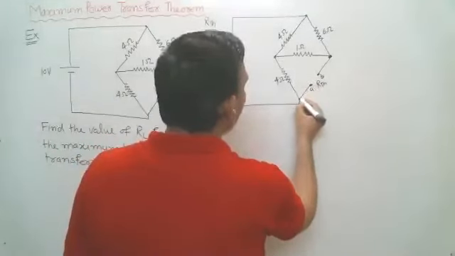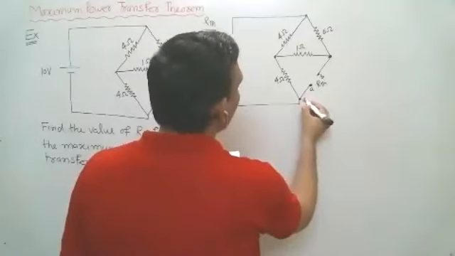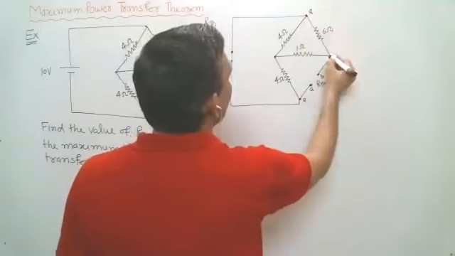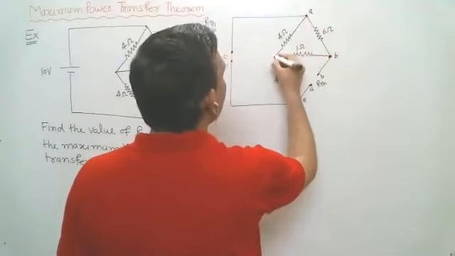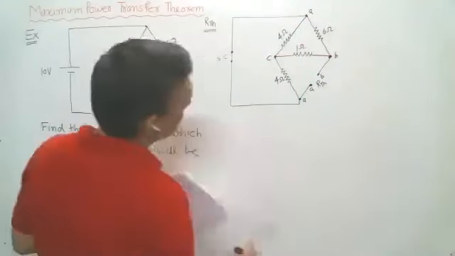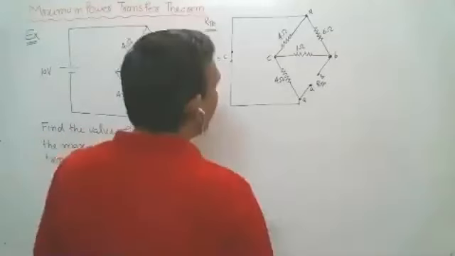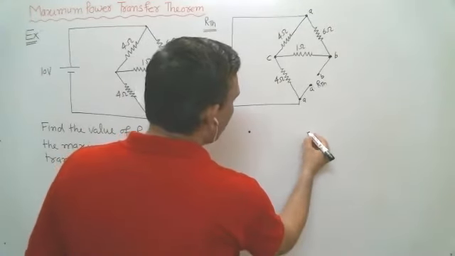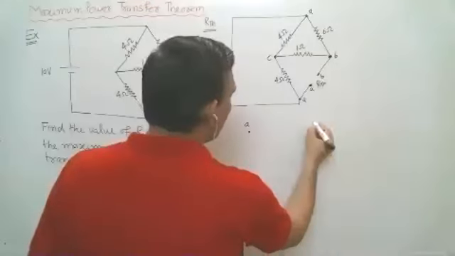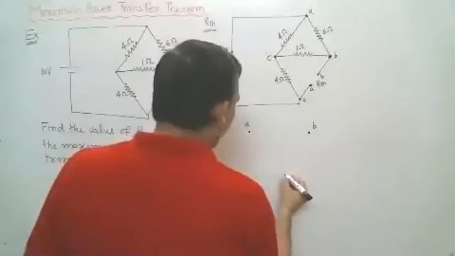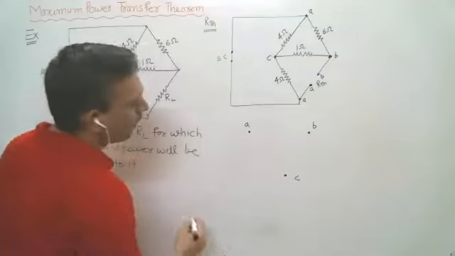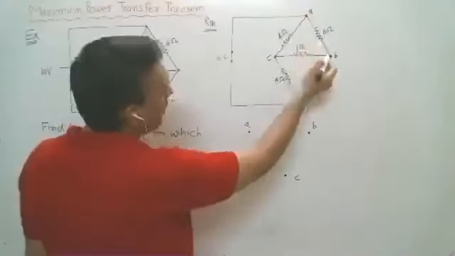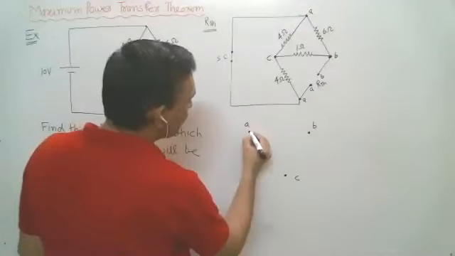So this point is A. This is short circuited, so this point is also A. This point is B and this point is C. Now how to find the equivalent? Let us redraw. First see, across AB you have 6 ohm resistance.